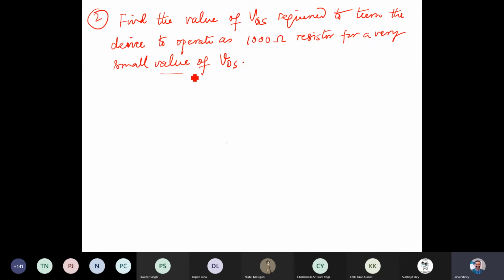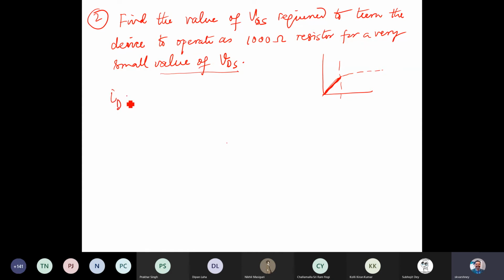Since the problem reads like this, you have to quickly say resistor means I'm going to talk about somewhere here, where the straight line is still a straight line. It says very small value of VDS, so I'm talking about the triode region.